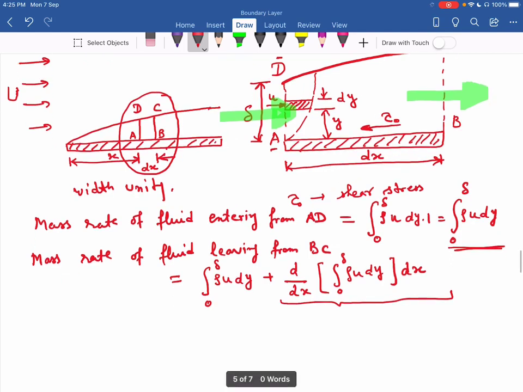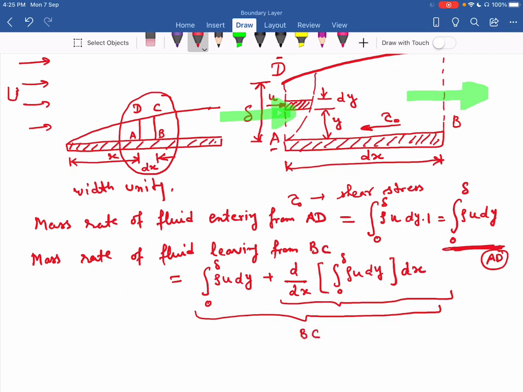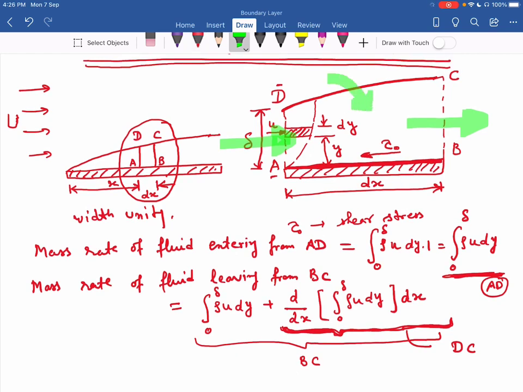Now you can see this is the amount of liquid entering through AD, and this is the total amount that leaves from BC. So this much amount of fluid is entering the control volume from only one surface, that is DC. At the bottom, you have the solid plate, so no fluid can enter from this surface. So some fluid will enter from here, and that is why this increase takes place.